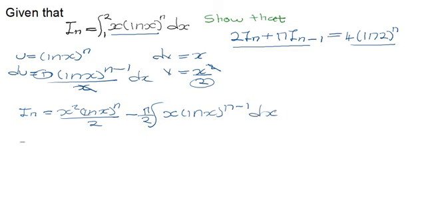So we're going to say our I_n will be equal to x squared multiplied by the natural log of x to the power n, divided by 2, minus n over 2.